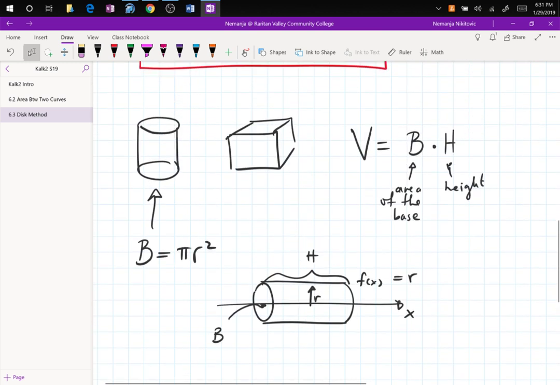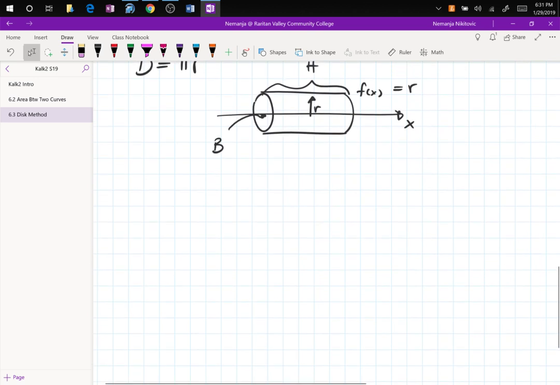So let's calculate the volume of the actual Coke or Sprite can, because we can go online and get the exact measurements of the Coke can or whatever.